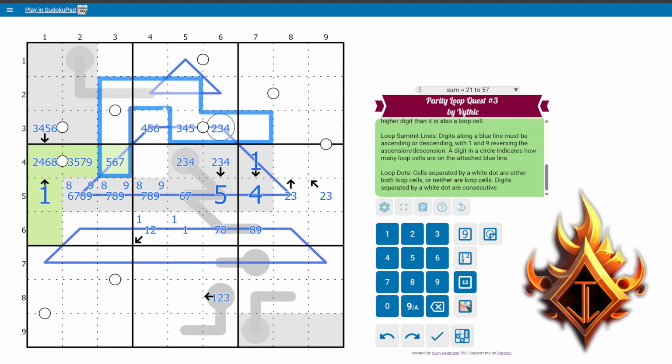If we went this way, that would be 4. That would be 3. That would be 5 or 6.